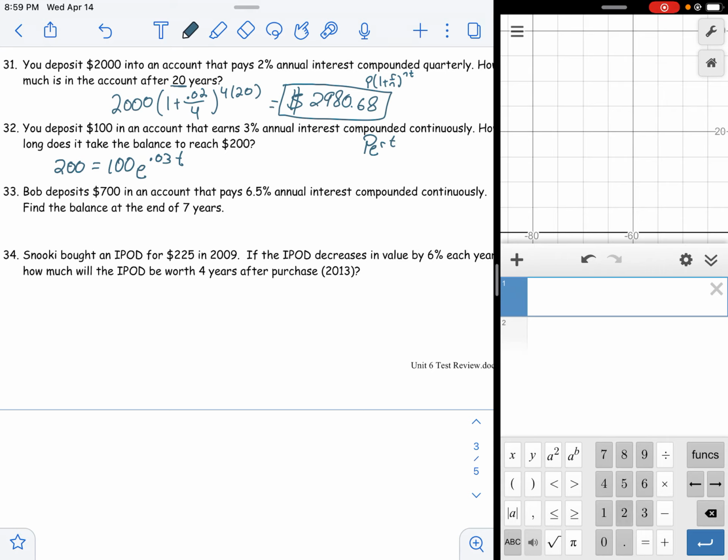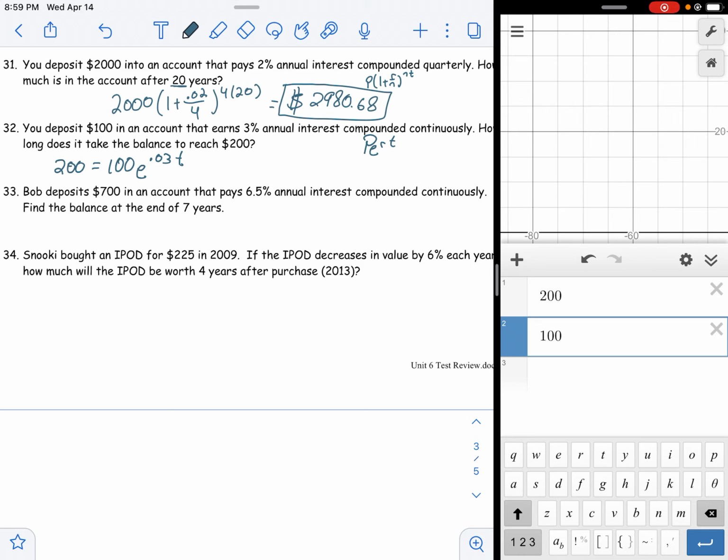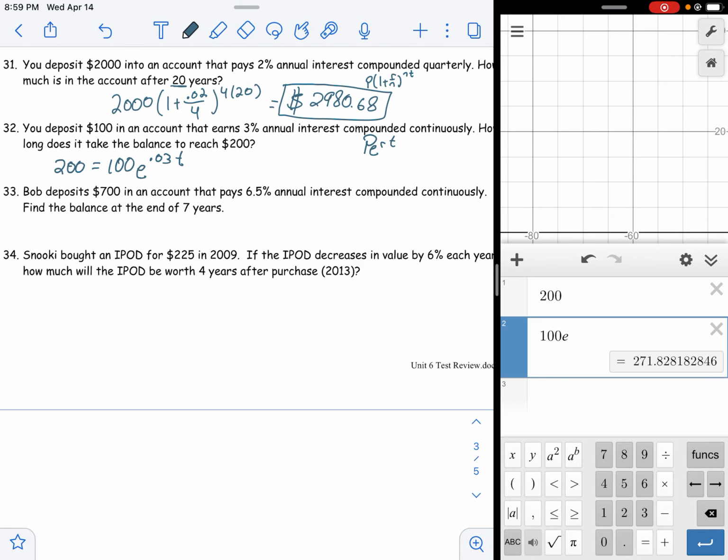We talked about two ways in class to do this. The first way was to set your y1 equal to the left side, set your y2 equal to the other side, so that's e raised to the 0.03, and times, actually I need to put that in parentheses, so 0.03 times x.